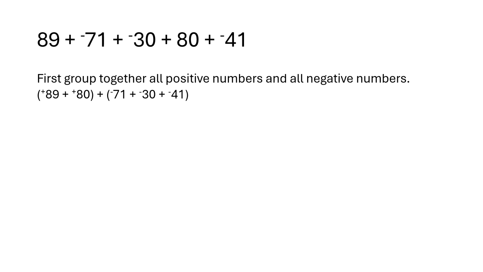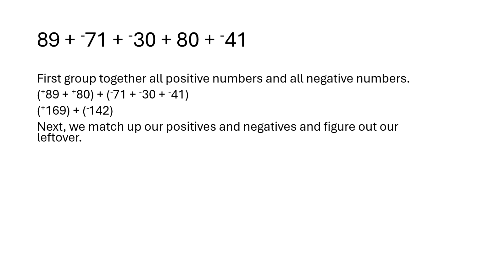So all our positives are positive 89 plus positive 80, plus our negatives combined are negative 71 plus negative 30 plus negative 41. So we have positive 169 plus negative 142.